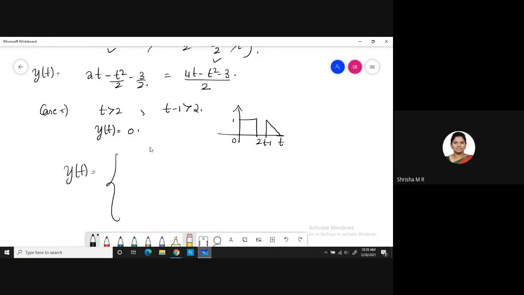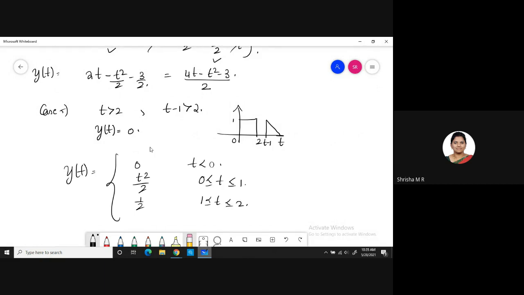So it was 0 for t less than 0. Okay, and case 2, what was the answer? It was t square by 2 if t was between 0 and 1, right? You write that. And case 3, it was half, right? If t was between 1 and 2.